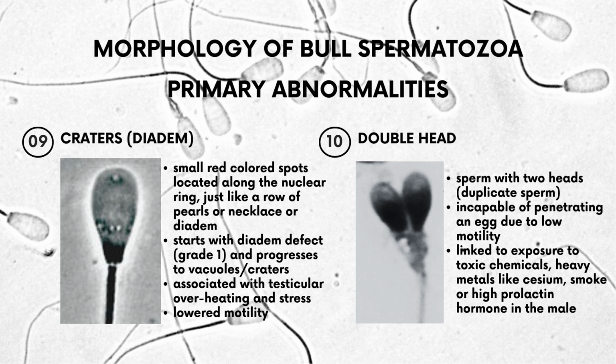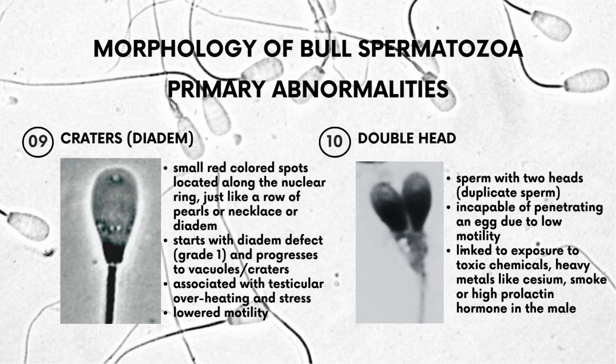These sperm head abnormalities are mainly due to problems in DNA chromatin condensation and organization during spermiogenesis, or the sperm differentiation phase, when changes to chemical chromatin bonds are particularly vulnerable to oxidative damage. This condition is associated with testicular overheating and stress, and it causes lowered motility.